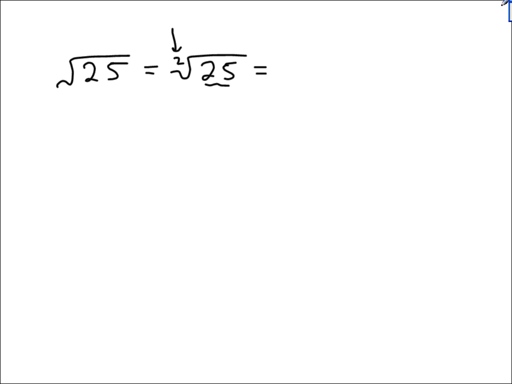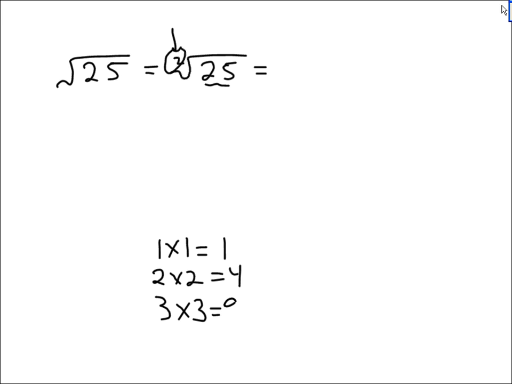A lot of students say, I don't know, I can't do this. Well, you're not trying. You do 1 times 1, that's 1. That's less than 25. 2 times 2 is 4. That's less than 25. Multiply numbers by themselves 2 times, and eventually you should get 25. The answer is 5.